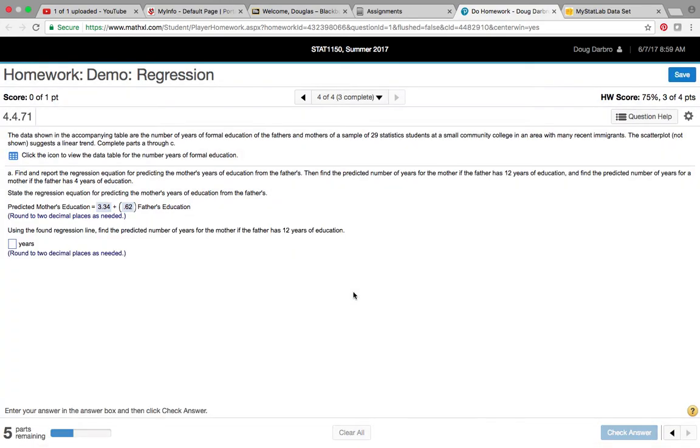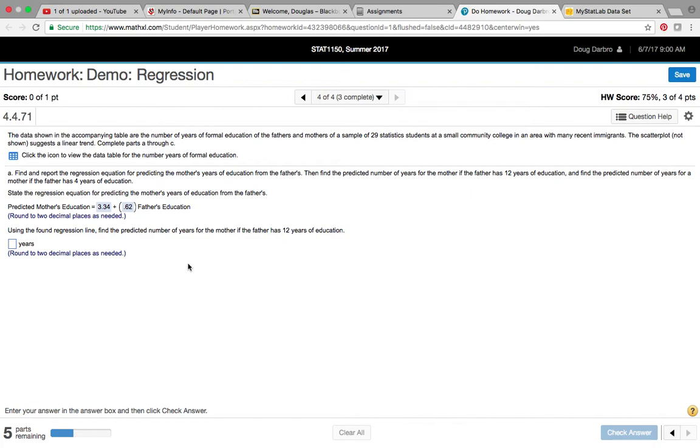All right, use the found regression line. Find the predicted number of years for the mother if the father has 12 years of education. So guys, all we're going to do is take 3.34 plus 0.62 times 12.